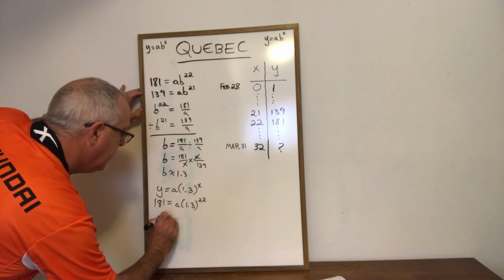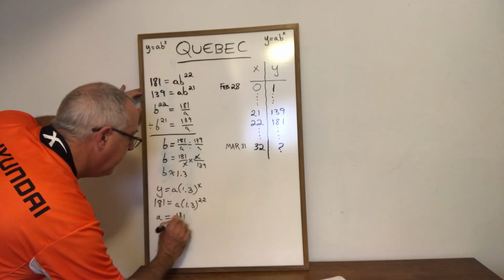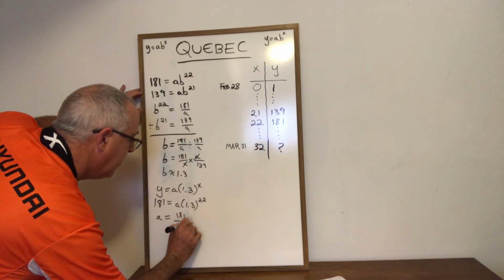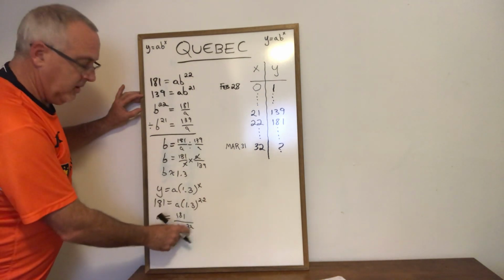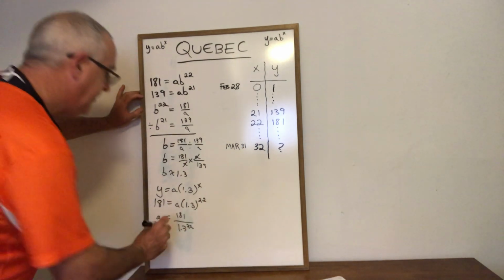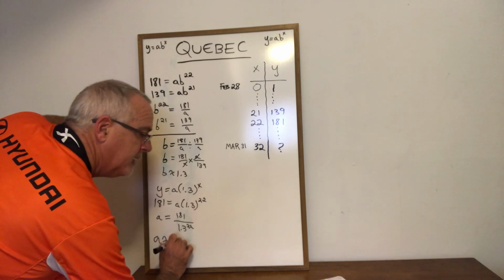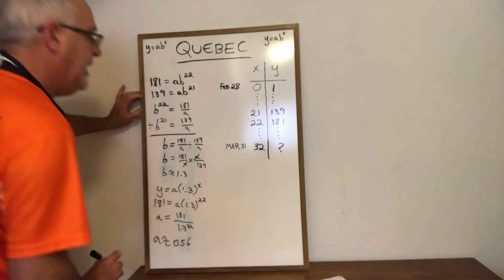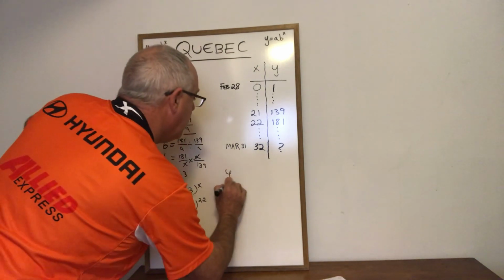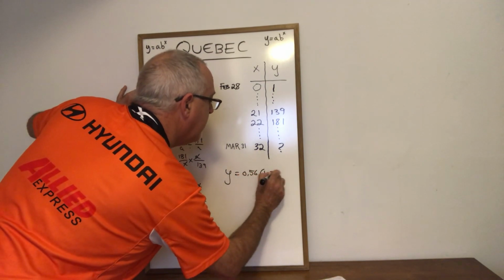A therefore is equal to 181 divided by 1.3 to the 22. Remember, BEDMAS, we have to apply the exponent before we do the division. A ends up being approximately equal to 0.56. And I have an equation, y equals 0.56 times 1.3 to the x.